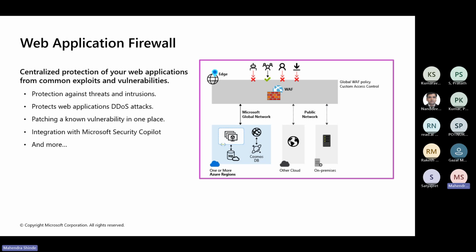It can also eliminate some common vulnerabilities. It is basically more for web traffic, HTTP and HTTPS protocols. When you deploy a web application firewall, you usually deploy it along with Application Gateway, for example, or Azure Front Door.